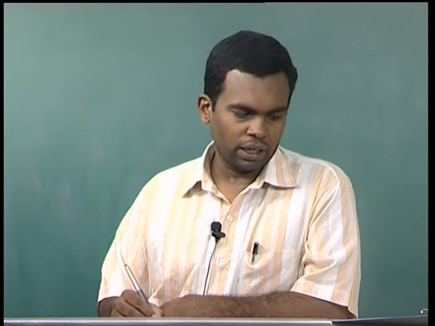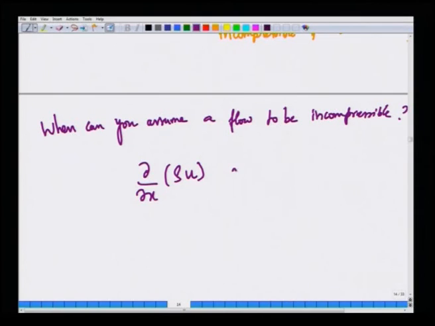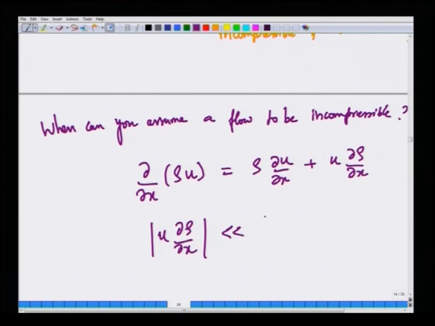In some sense what we are saying is that when we have a term like this in our continuity equation, this term is in principle rho du dx plus u d rho dx. What we are saying is that the magnitude of u d rho dx is very small compared to the magnitude of rho du dx. We are essentially saying that rho is constant, so this is small compared to this term.